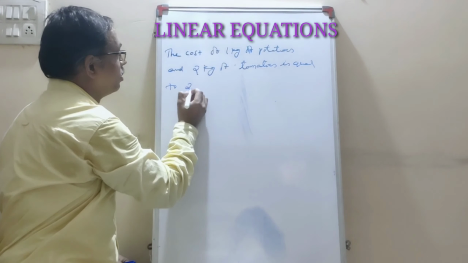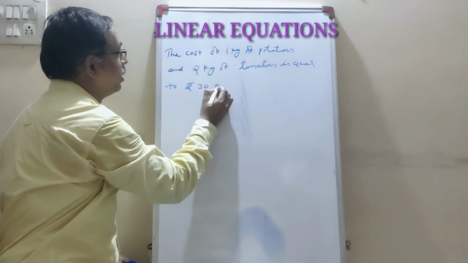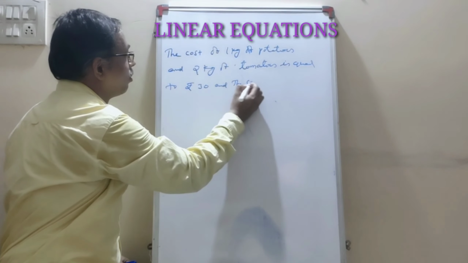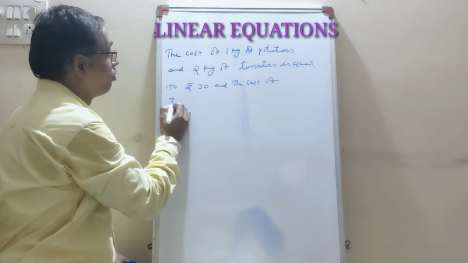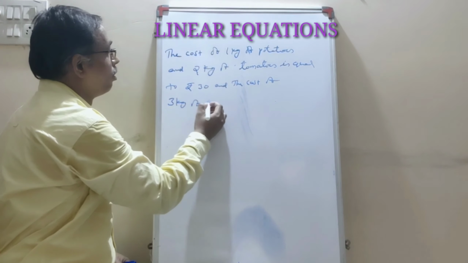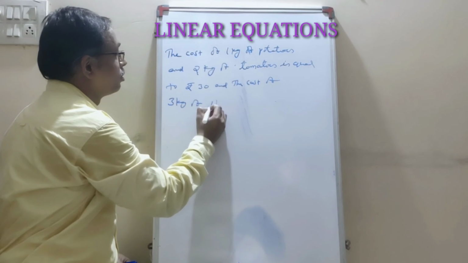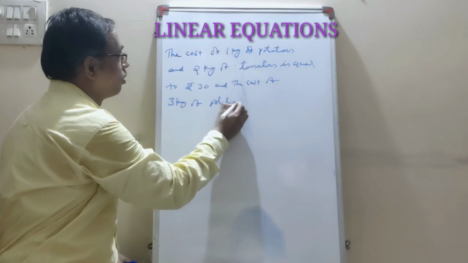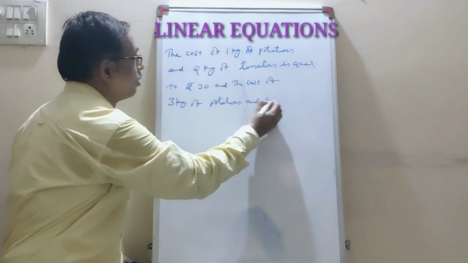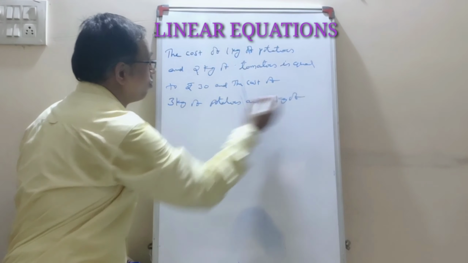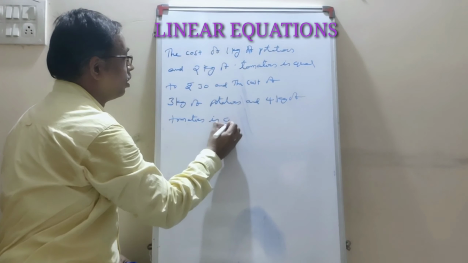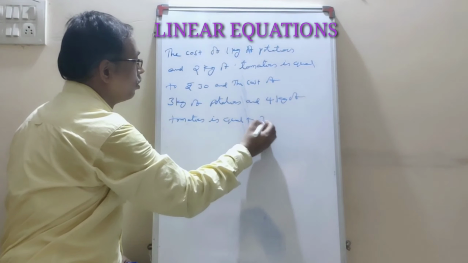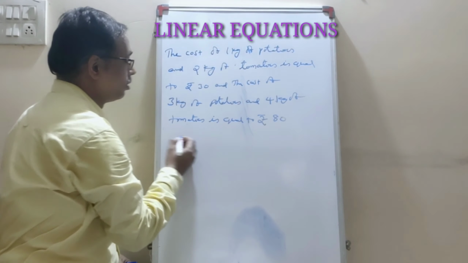This 30, and the cost of 3 kg of potatoes and 4 kg of tomatoes is equal to rupees 80.